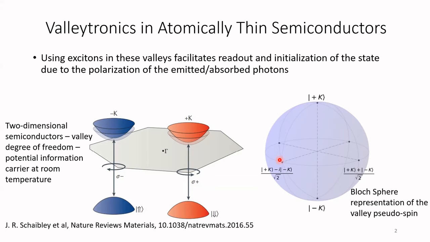Now, why use these valleys as a quantum information bit when there are so many other systems out there, such as the Transmon qubit, which Google, IBM, D-Wave, and I think recently Amazon use? One problem with superconducting architectures is that readout is a little hard.